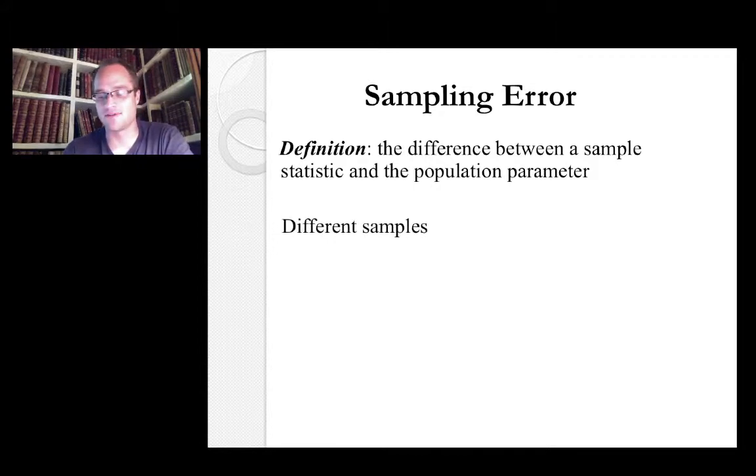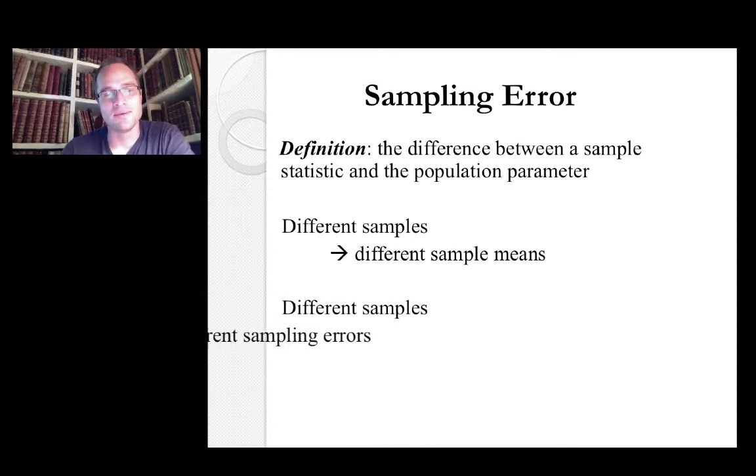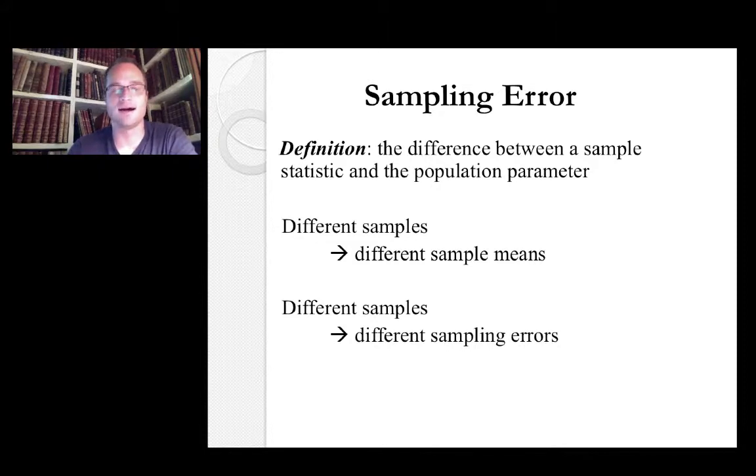Because different samples are possible from a population, we'll talk a little bit later about how many unique samples can be drawn from a population of a fixed size. We're going to have different sample means that could occur for each different sample. And because we have different sample means, the sampling error, the difference between the population and sample statistic, differs.